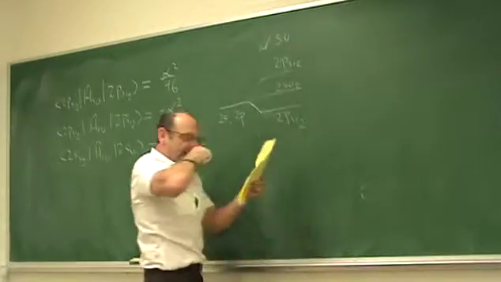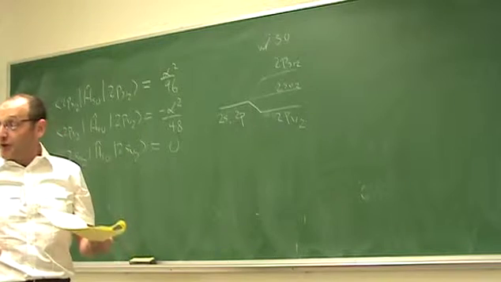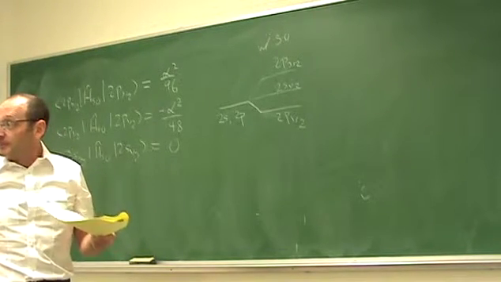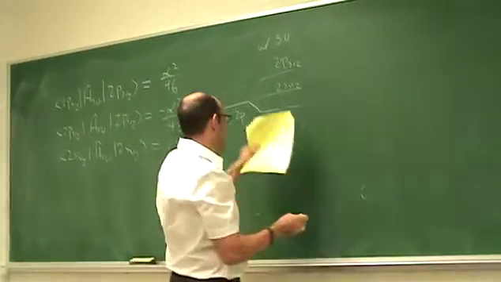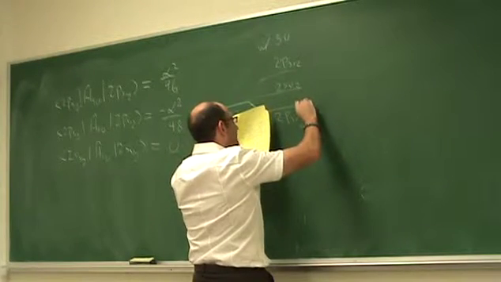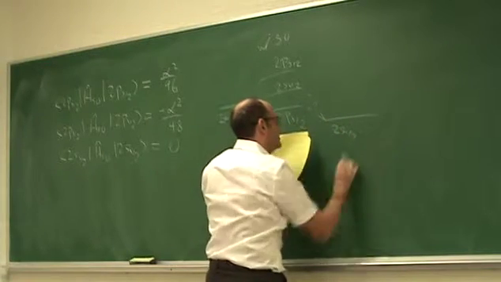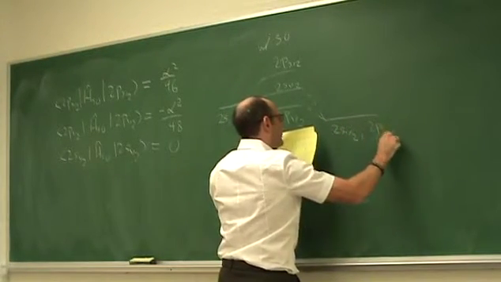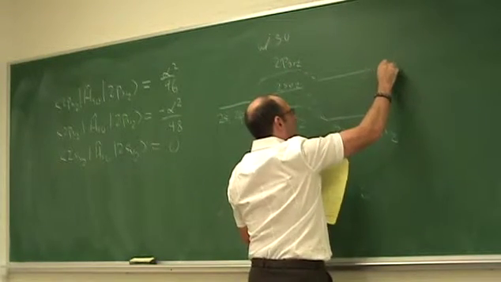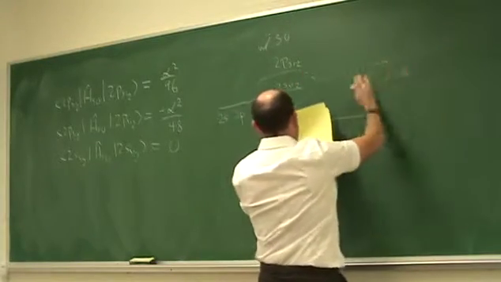But now we add back in the Darwin term and the relativistic kinetic energy term to get the total relativistic correction. And what do we get? When you put that all together, you find the following. These guys come back together. The 2s 1/2 and the 2p 1/2 are down here, and then the 2p 3/2 is up here.